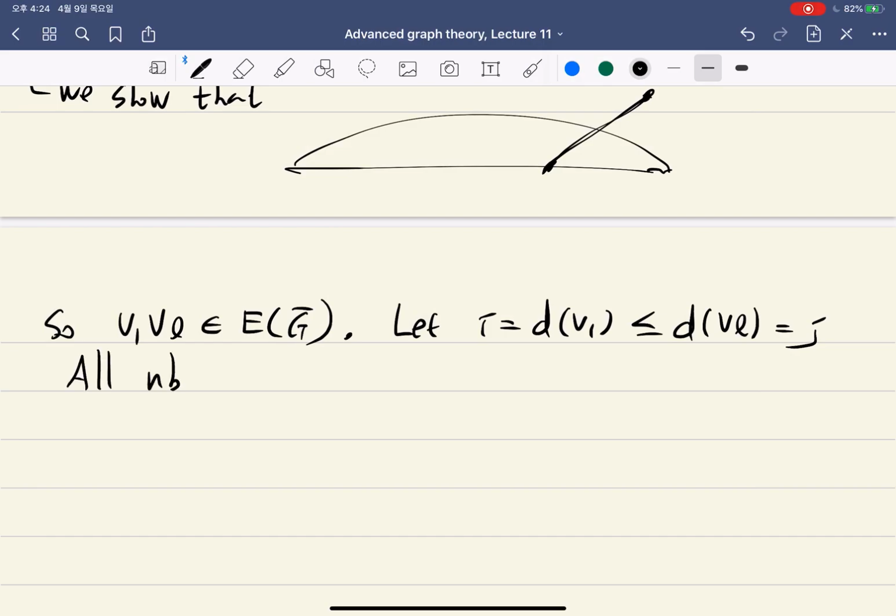What do we know? We know that all neighbors of V1 and VL lie in this path.